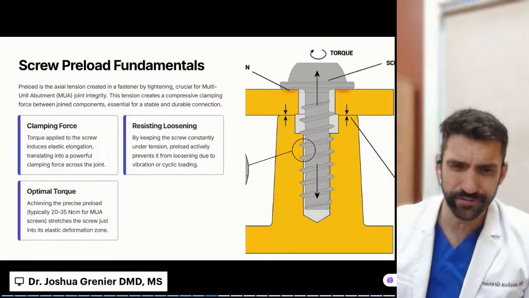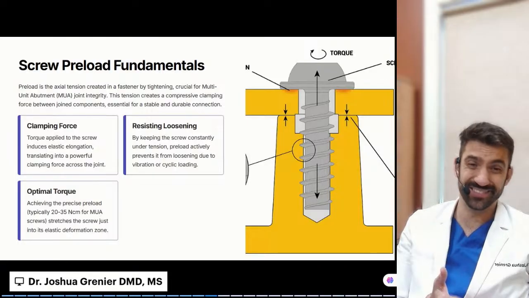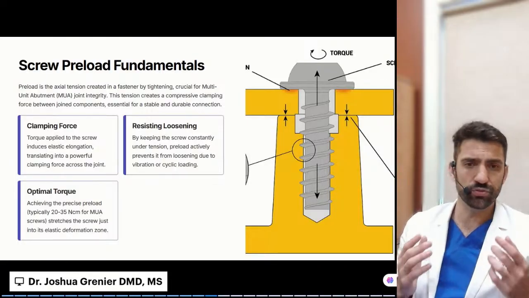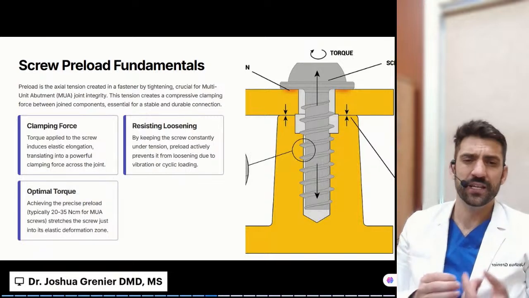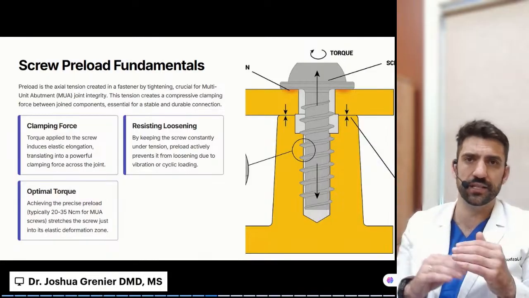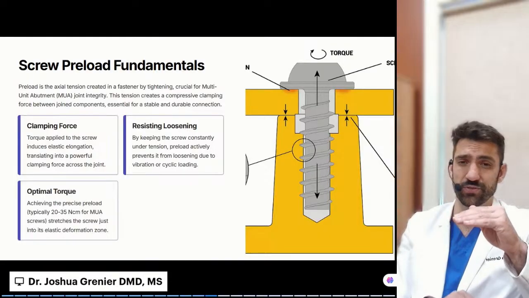Now, often what happens in these situations is the first thing that can fail is the screw. Now, how screws work in implants and everywhere is they act like a spring. So the screw is placed in and tightened to a given amount. And that actually stretches the screw slightly.